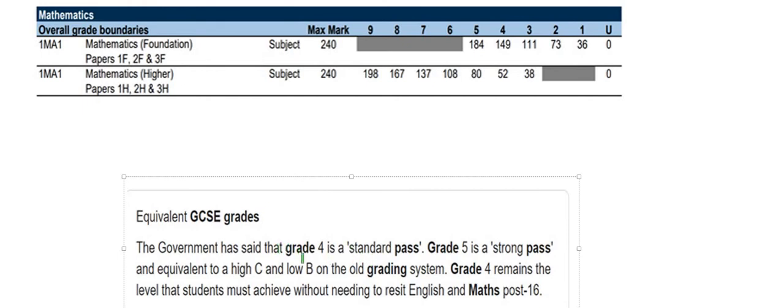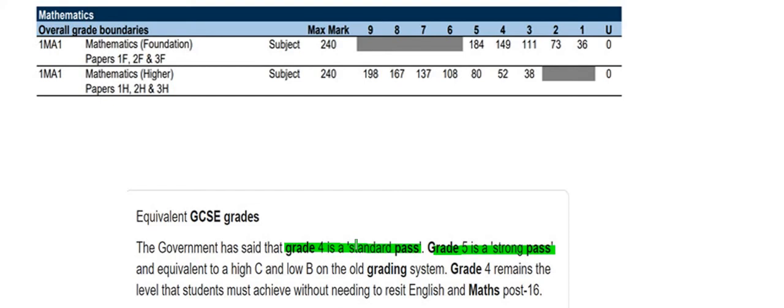Here we go. Grade 4 is a standard pass, so if you want to pass, you need to get grade 4, and grade 5 is a strong pass. If you get grade 4, you pass and you can get admission to college and university as well. But if you don't get grade 4, there is a law in the UK now, which means you have to get grade 4 to carry on your education.